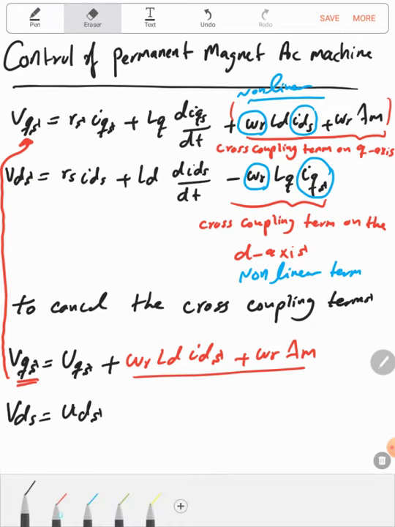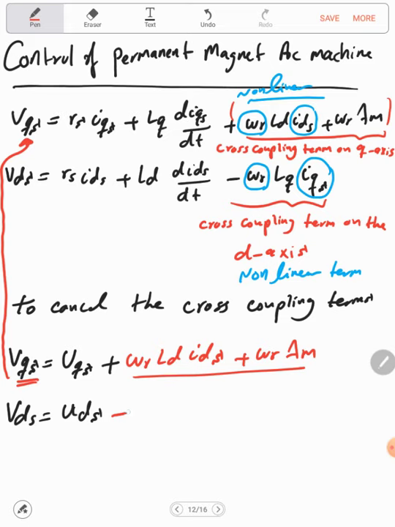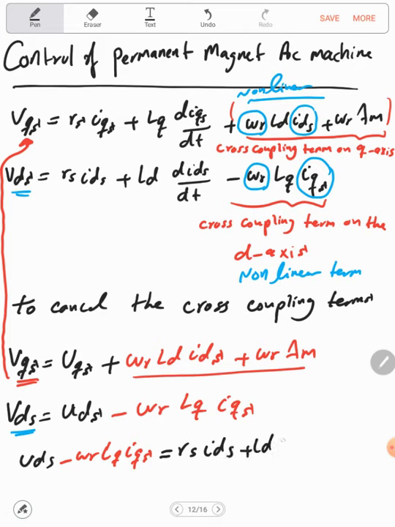I maintain the same sign because I will put VDS on the left-hand side. Now if I substitute VDS here, what I will get is UDS minus omega r LQ IQS should equal RS IDS plus LD dIDS by dt minus omega r LQ IQS.